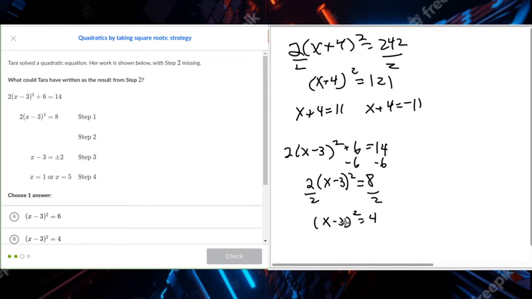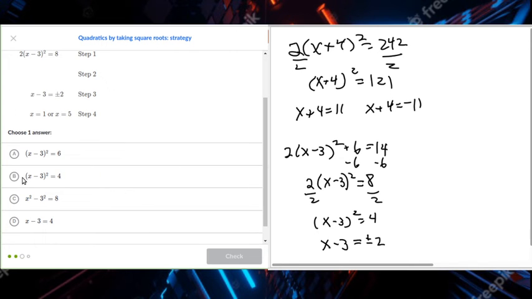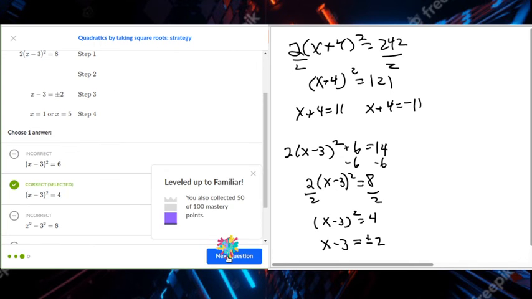And then we would take the square root of both sides, and we'd make x minus 3 is equal to positive or negative 2. But that's his step 3. So this really has to be our step 2. (x minus 3) quantity squared is equal to 4.